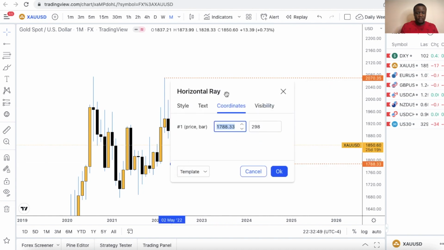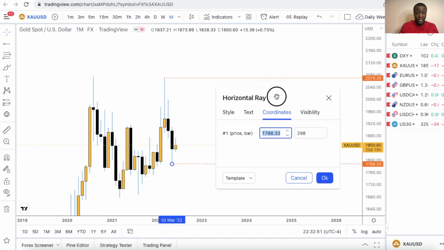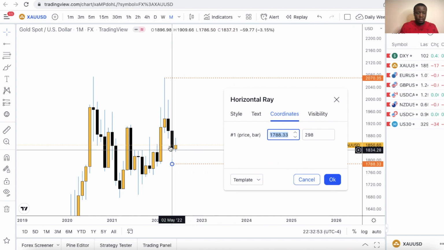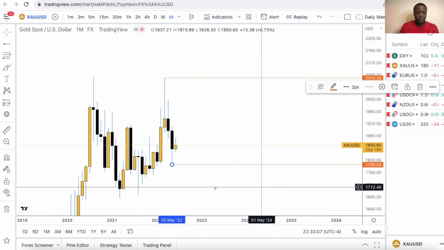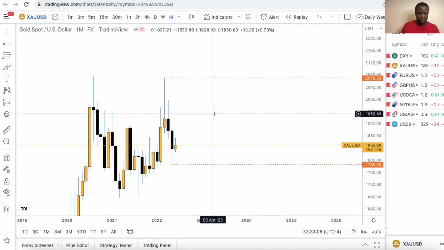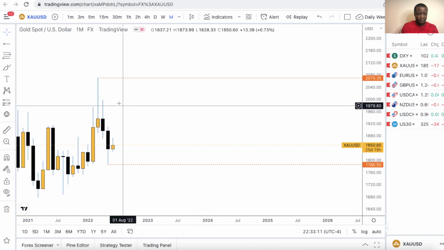You want to mark off the absolute exact level for the low, which is 1786.50. So we got the lows, we got the highs. That's the monthly chart.